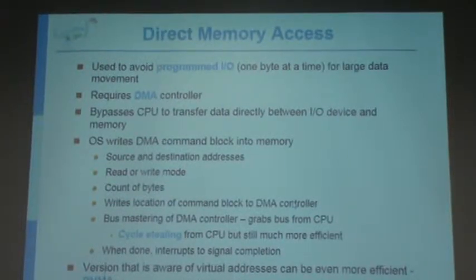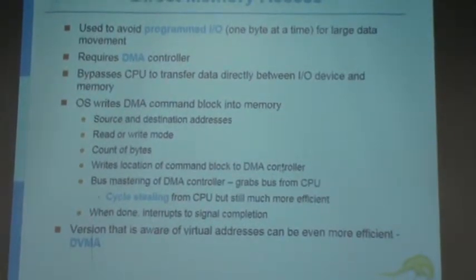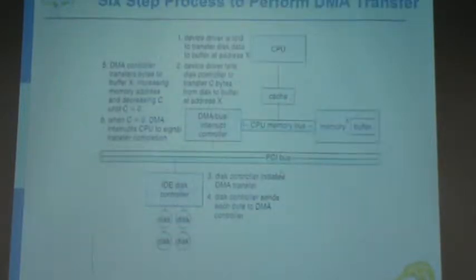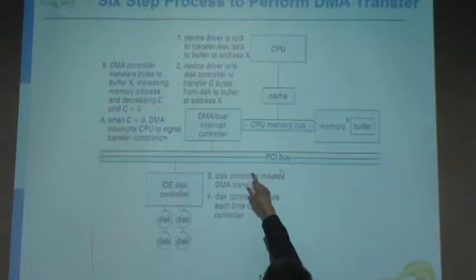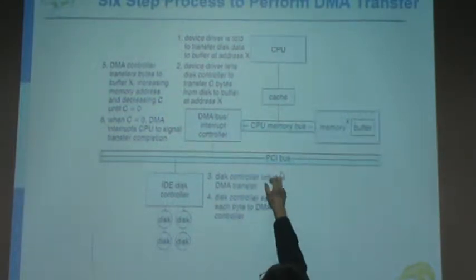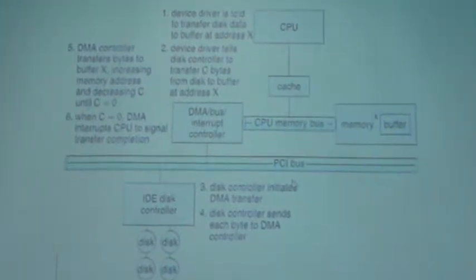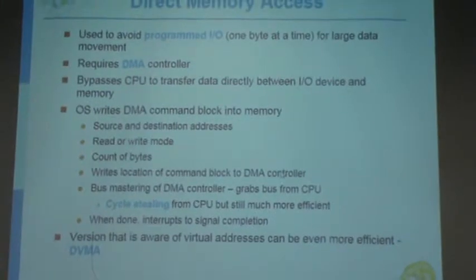But we need the controller to perform such direct memory access. That is, it should go through the DMA controller. Otherwise, it goes directly to the CPU, then stores it at the memory. Who is in charge? The operating system, right?